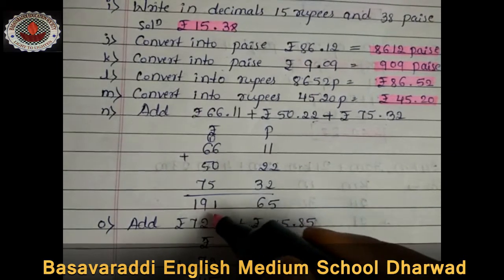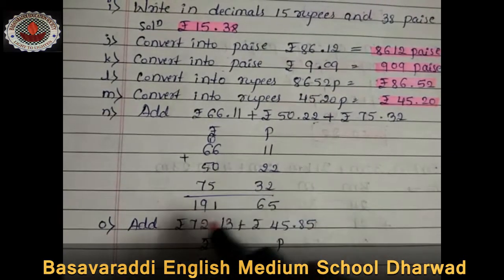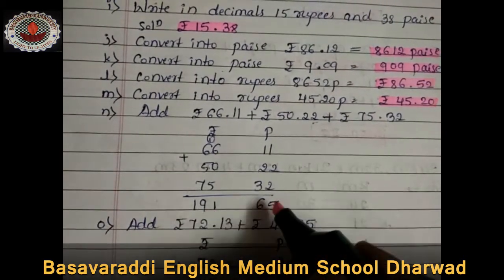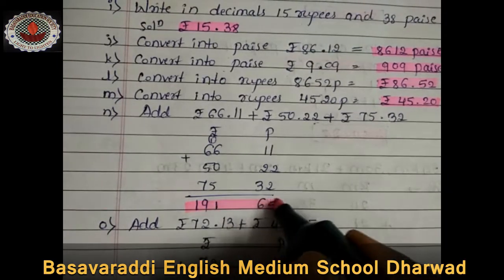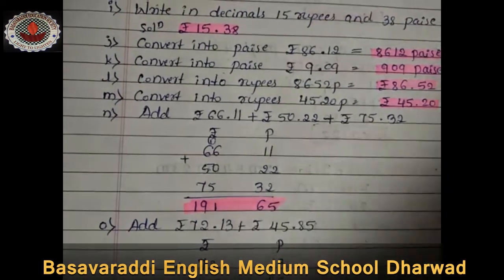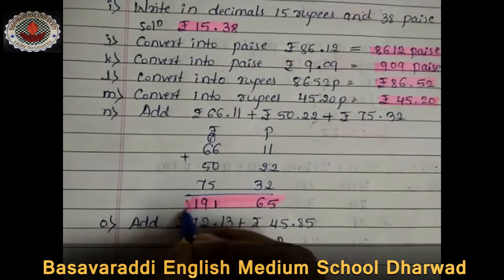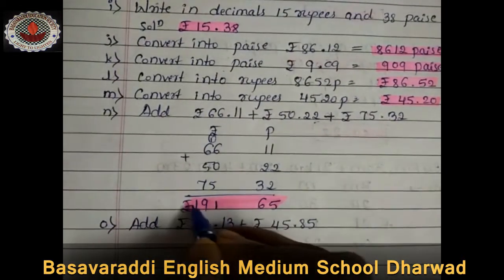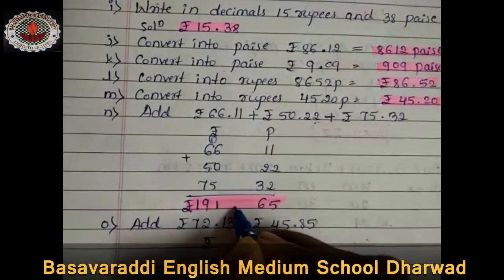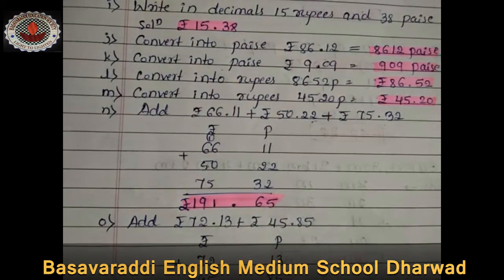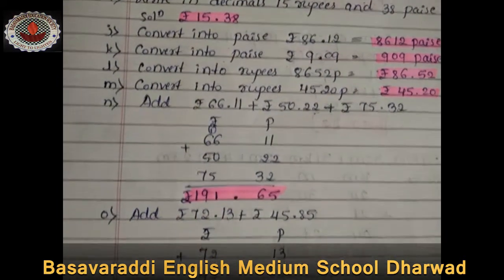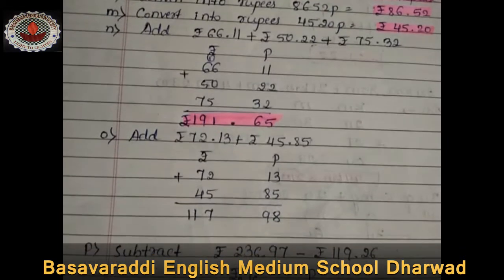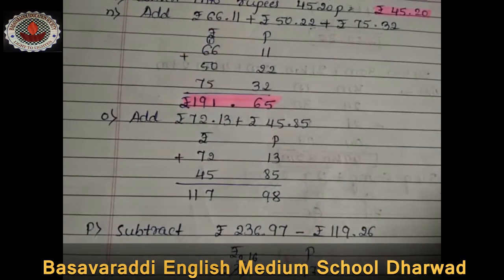After addition, the answer is 191 rupees 65 paise. Okay, this is the answer. So write the symbol, rupees 191.65. Next, the O question is also the same as the N.